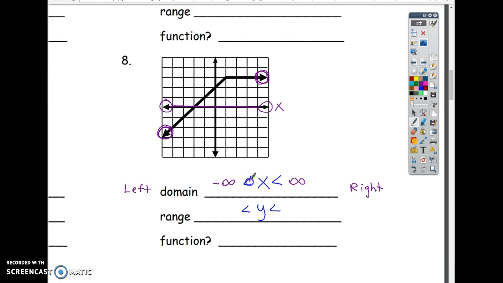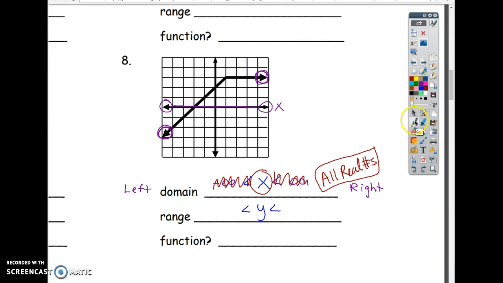You scratch them off. This goes away, this goes away, and I'm left with an x, which means all real numbers. All real numbers.